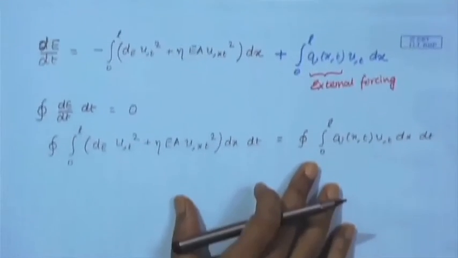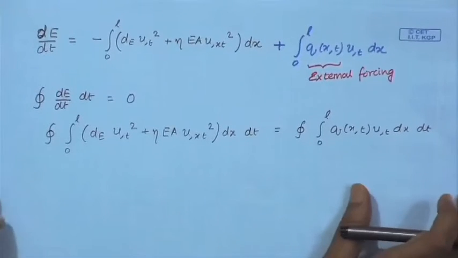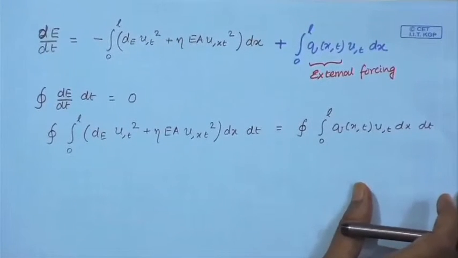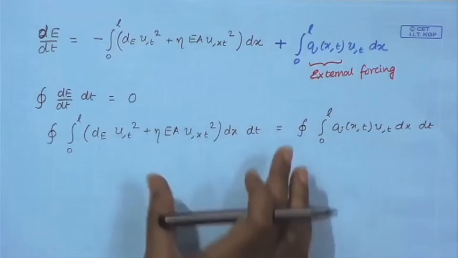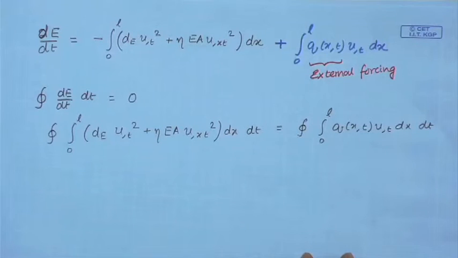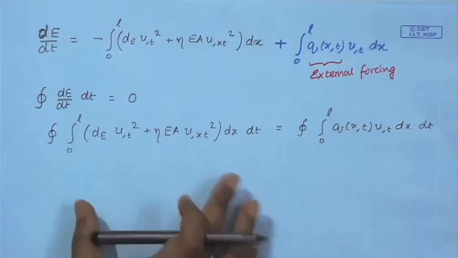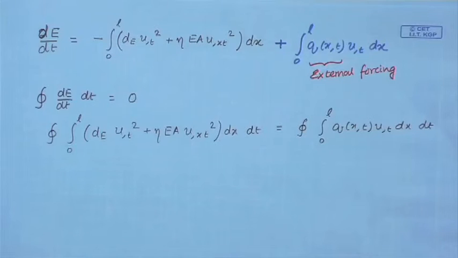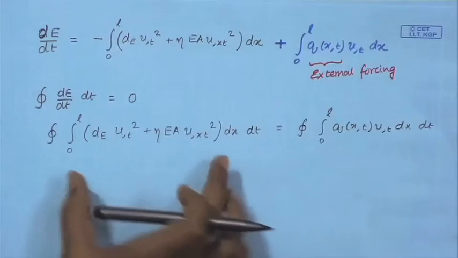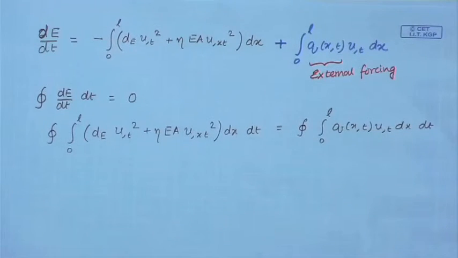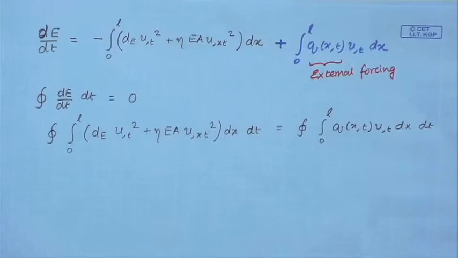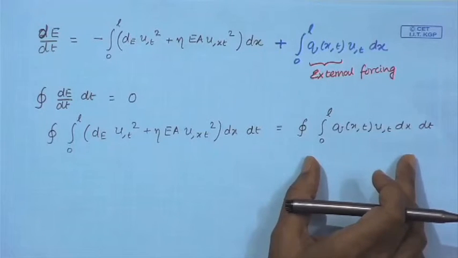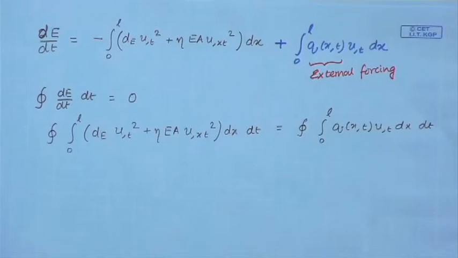What we have concluded is that any initial disturbance must die out because of these damping terms, and what remains is the steady state solution, and that can be used to estimate the energy that is dissipated, and that can be used to model the internal dissipation, as well as you can estimate the amplitude of motion in certain cases.